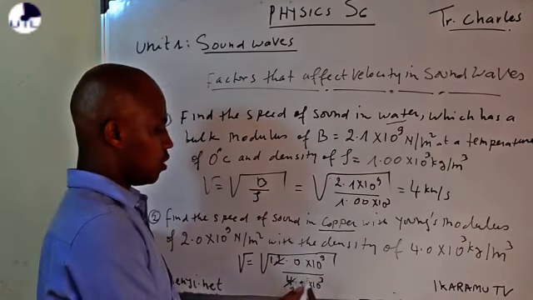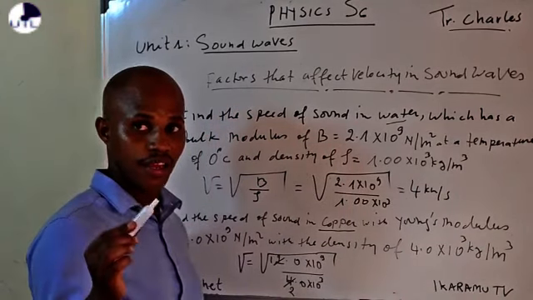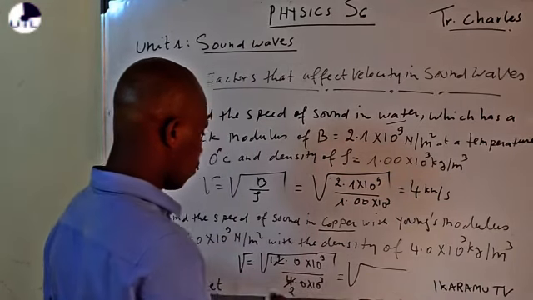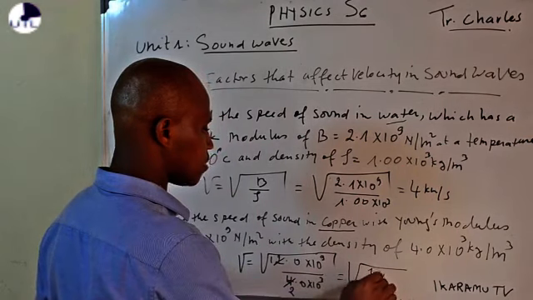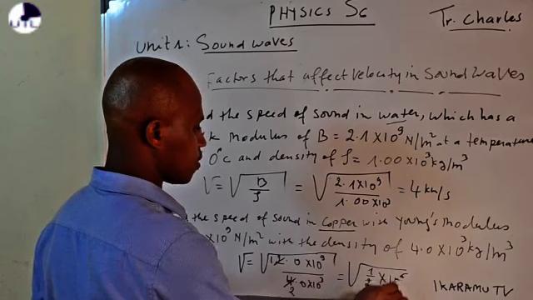Then it will be 10 to the power 6, because that is 9 minus 3. Then this will be equal to the square root of 1 over 2 times 10 to the power 6.